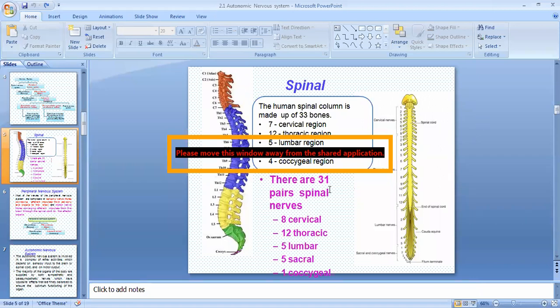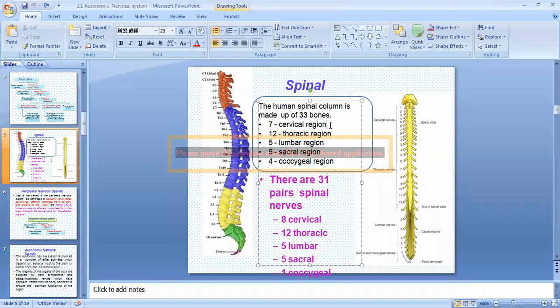what is spinal cord. So the spinal cord of our body is divided into 33 bones, in which 7 cervical region vertebrae are there, 12 thoracic region vertebrae are there, 5 lumbar region, 5 sacral region, and 5 coccygeal region vertebrae are there. And out of these 33 bones or 33 vertebrae, there are 31 pairs of spinal nerves.